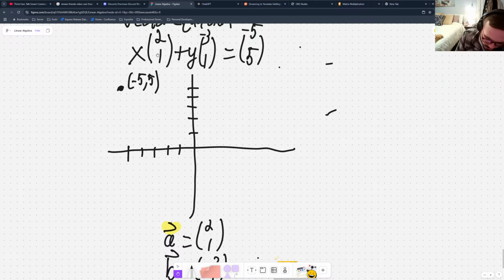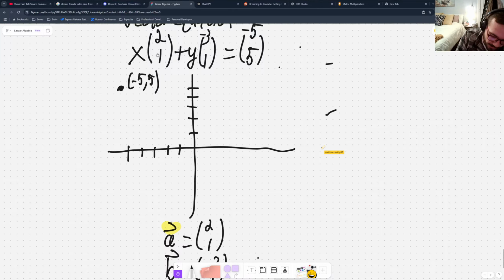So let's start with just putting on the graph A and B by themselves. With a vector, you could start at any point, and then A would be: you move over to the right 2 in the x direction, and 1 in the y direction.